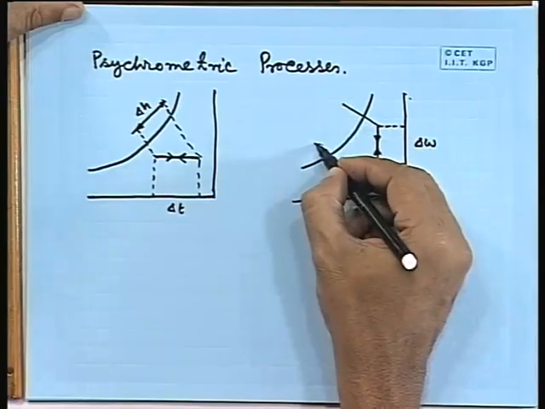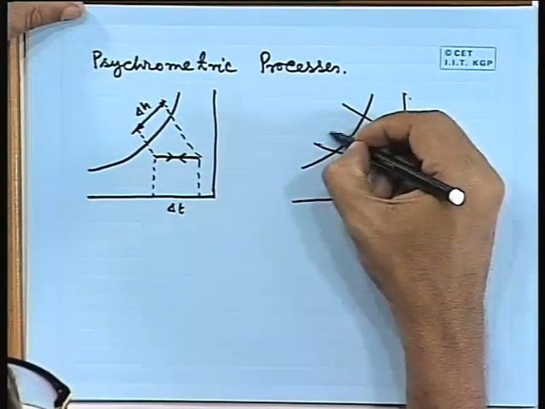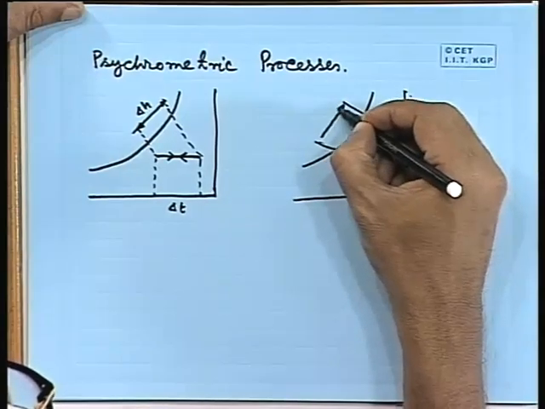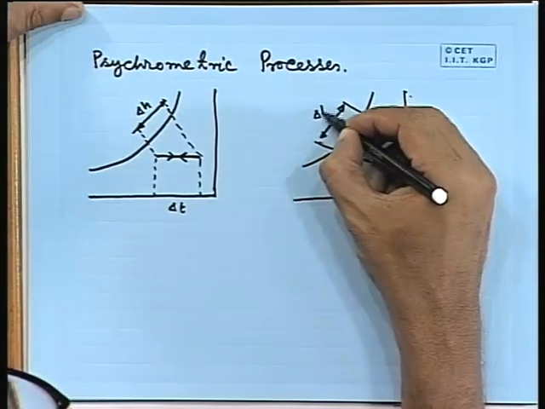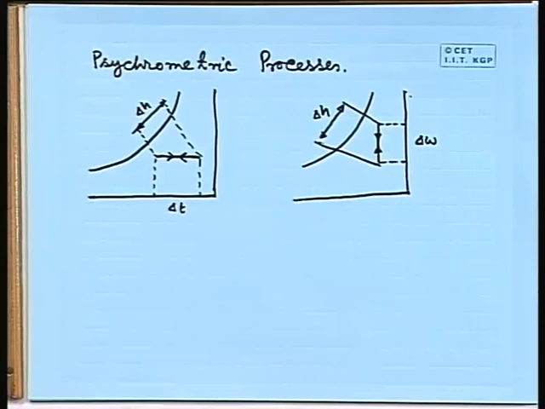Then in this case also we will have some sort of a delta H. All the processes are a combination of these two basic processes. Okay. So, let us see these two processes.